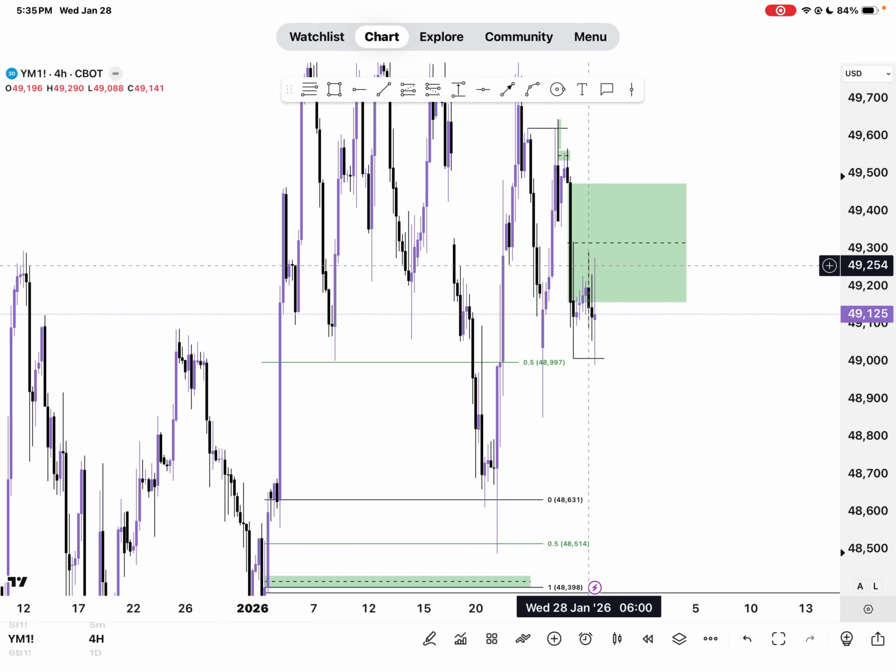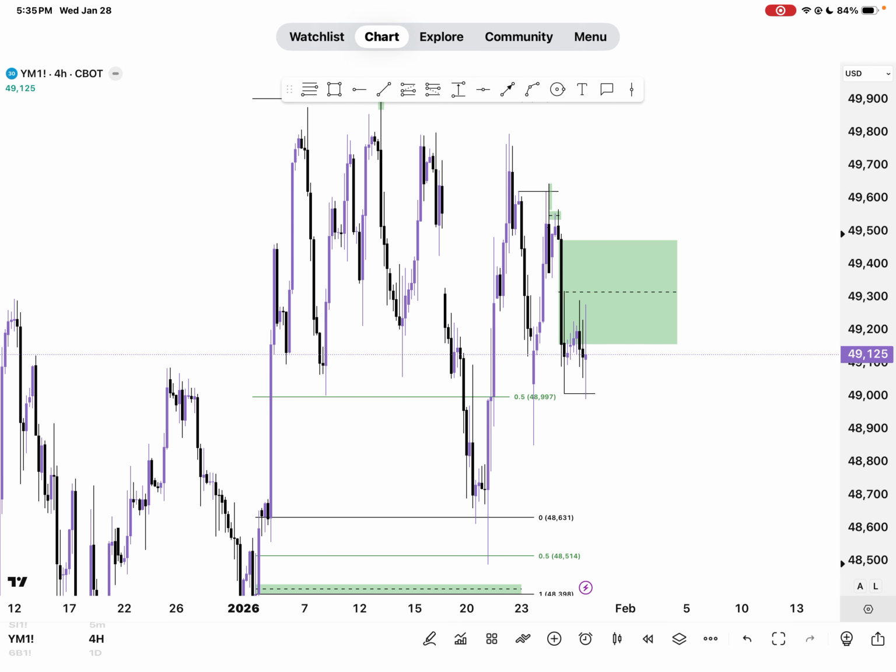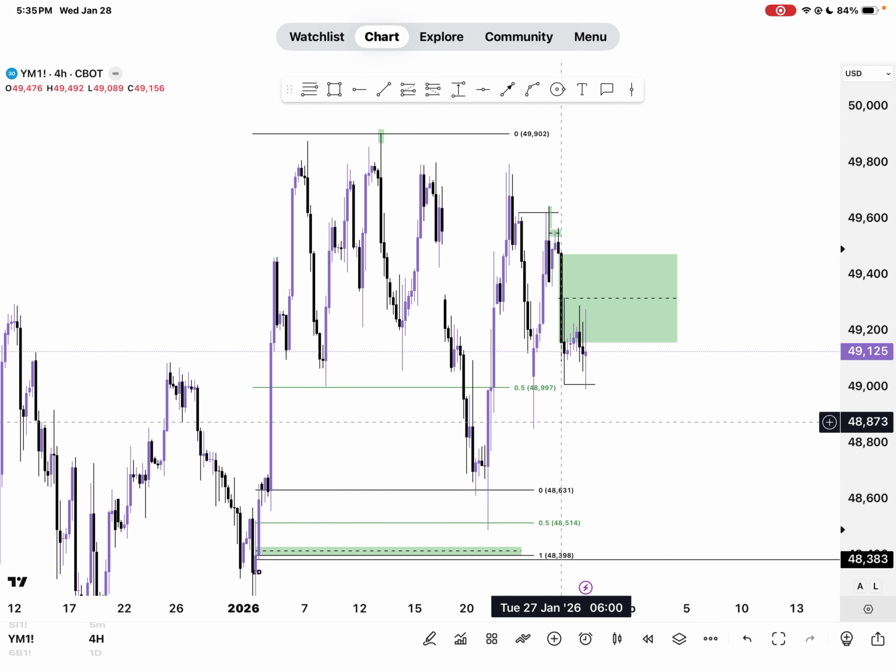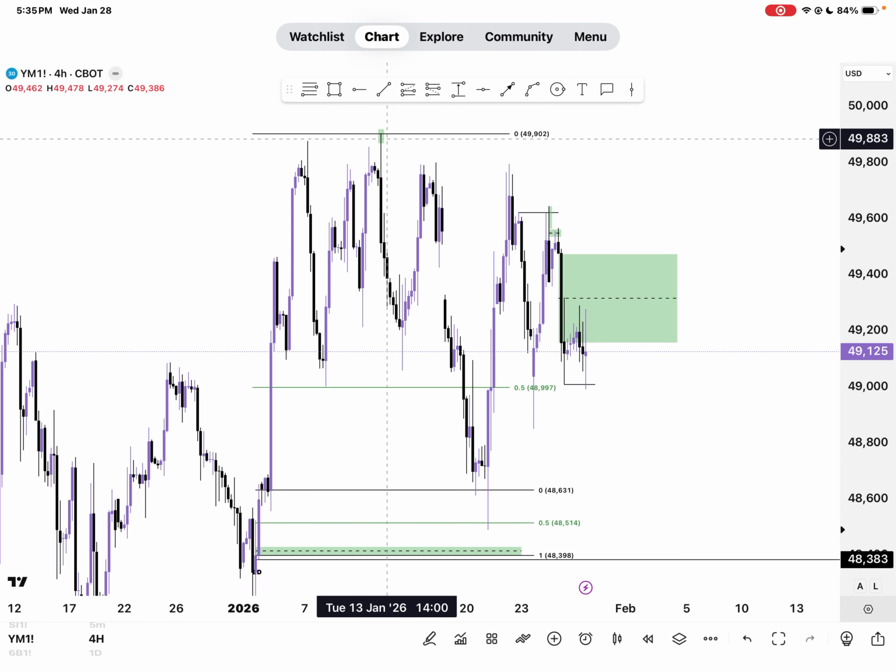And so if this action is just the generation of a move to push price back up to mitigate this and then move lower, I can definitely see that. I just don't see the Dow Jones, as of right now, without completely balancing out this price gap, moving higher to take out the all-time high, or really the high of this price leg.